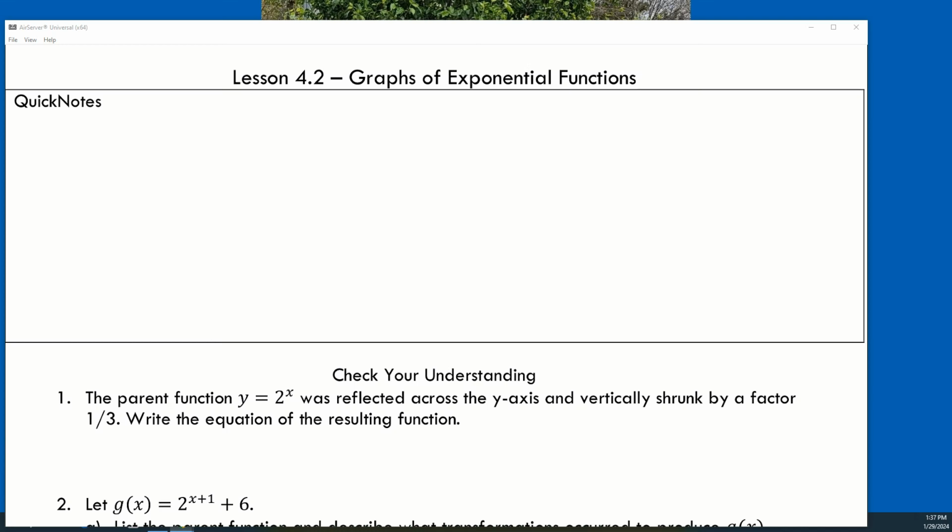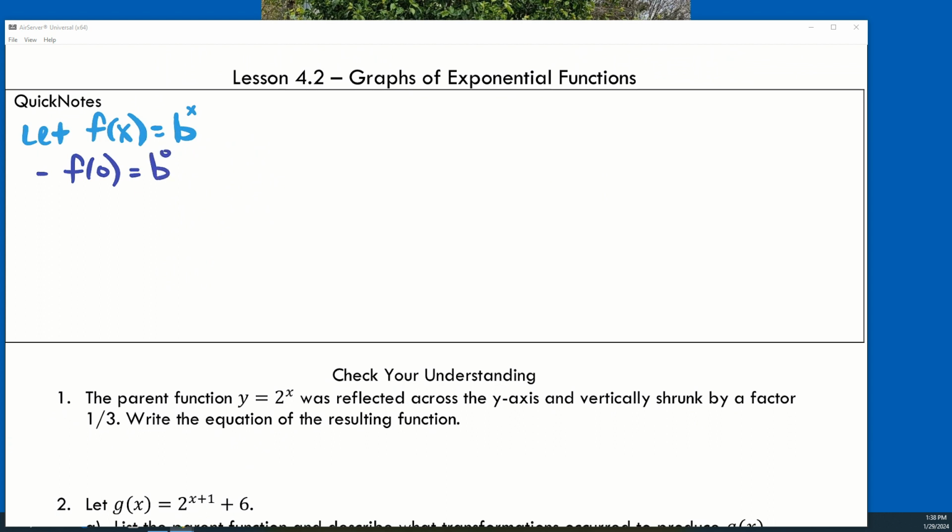All right, so we're going to talk about the graphs of exponential functions. So let's start off and just say that we're going to let f of x equal b to the x. If that's the case, what is f of 0?